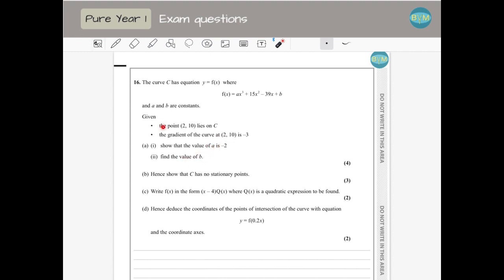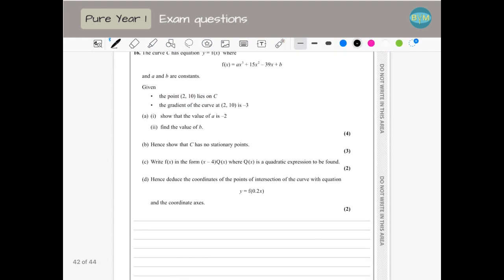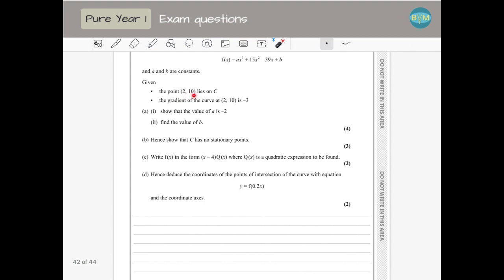So we are going to use this information to form a couple of equations that we are going to solve. If the point lies on C, it means it must satisfy the equation. So f of 2 must be 10. So I'm going to substitute that. f of 2 is going to be 2 cubed times a, which is 8a. 2 squared is 4 times 15 is 60.